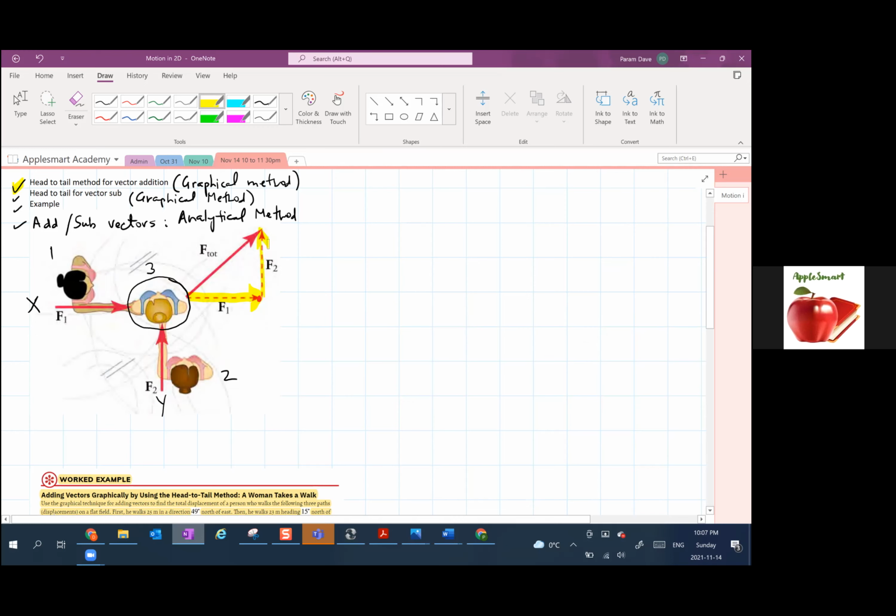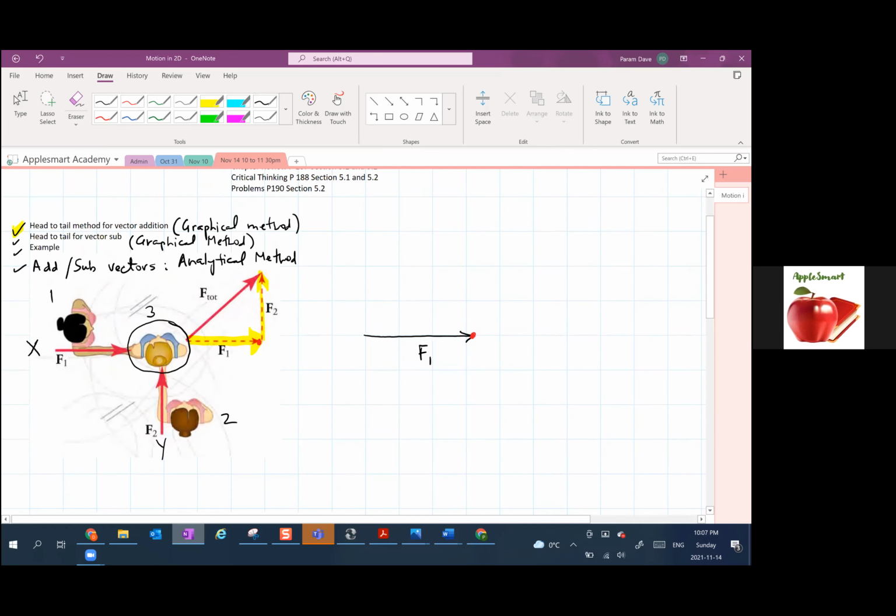So it's very, very important in the way these two arrows are drawn. So let me draw it out again over here. So you have F1 pointing to the right. And where you left off the F1 near the arrowhead, the red dot, from there you start drawing the second push.